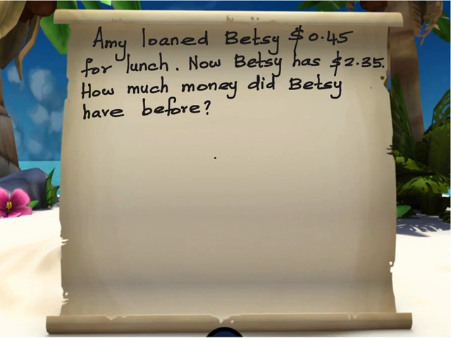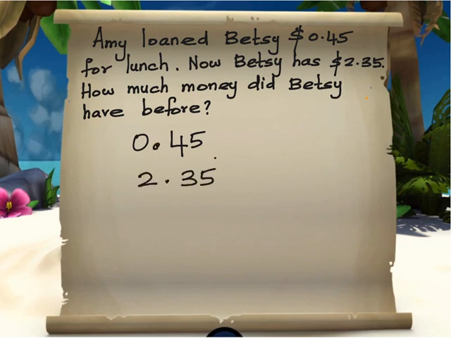So here we have decimals. There's a decimal point in this value, and there is also a decimal point in this value. When we subtract, we don't do all those decimals. The decimal point is here in 0.45, and the other value is 2.35.